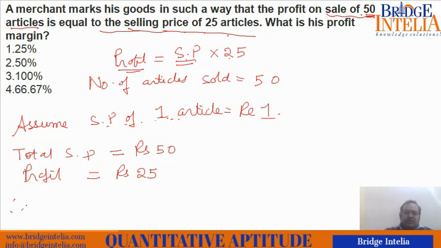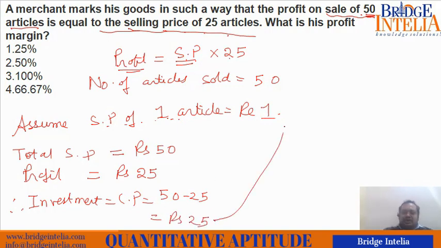So what is his investment or cost price? Technically, cost price is equal to 50 minus 25. So if you have to calculate his profit percentage, you see that he invested rupees 25, and because of his investment of rupees 25, he is earning a profit equal to rupees 25.